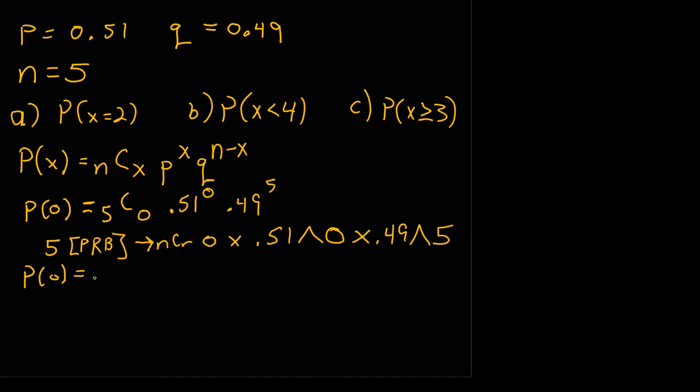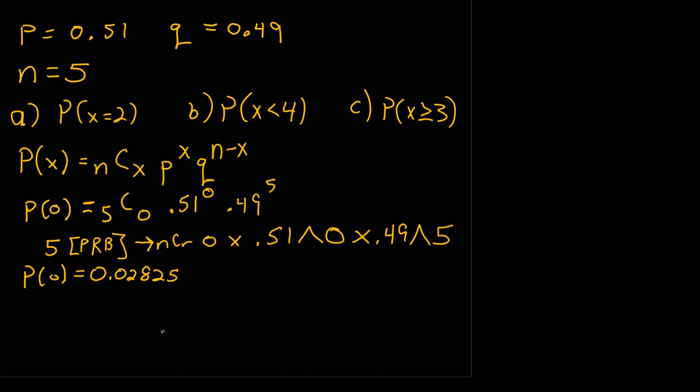The probability of this being 0: second, binomial, and we have 5, 0.51, 0, and so our probability of 0 is 0.02825.